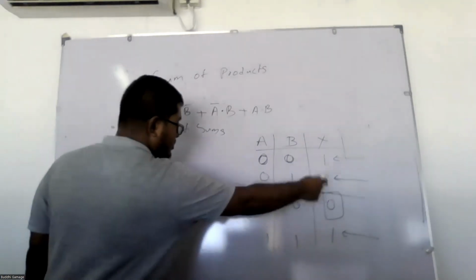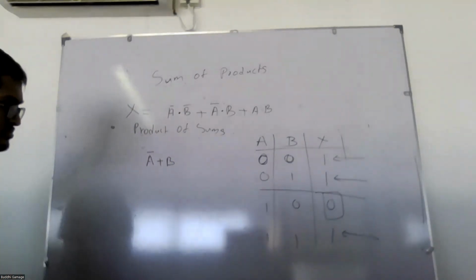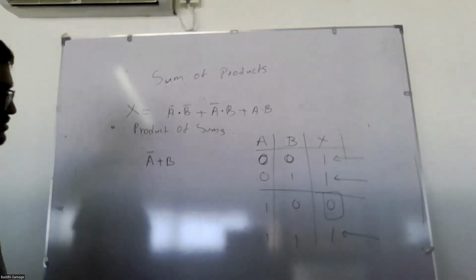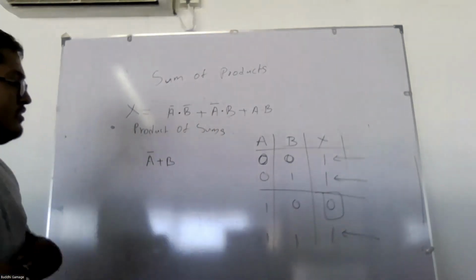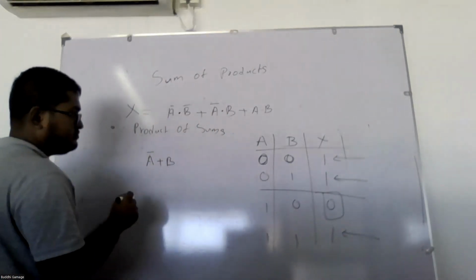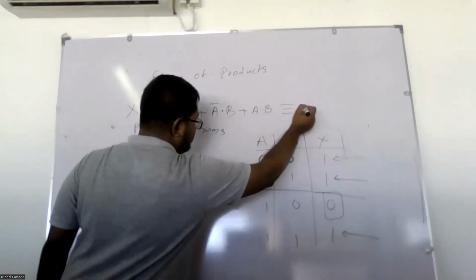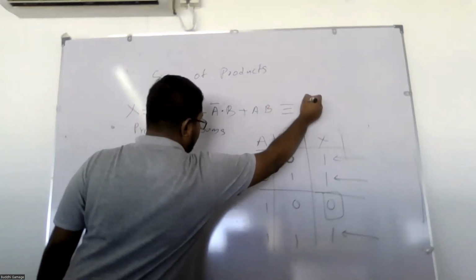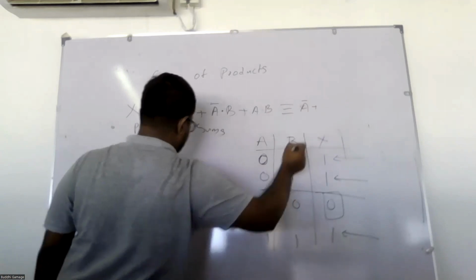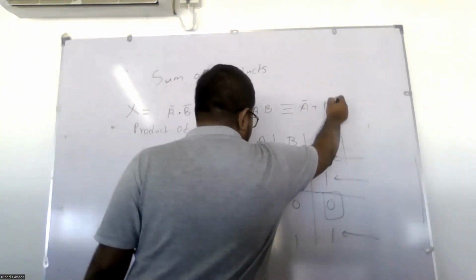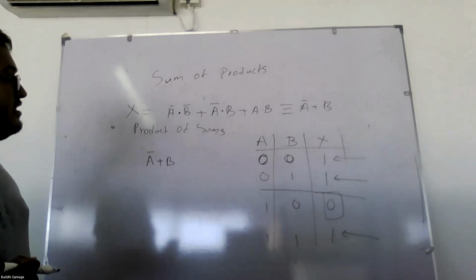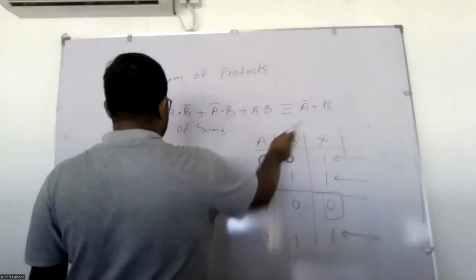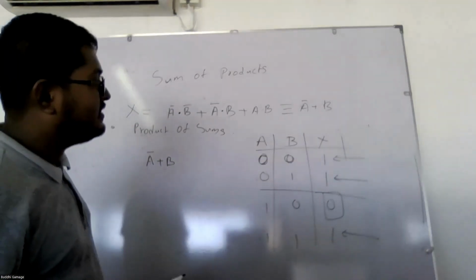Since all other three rows have output 1, the final output is 1. So this will be equivalent to A bar plus B. And you can say this is also a sum of products, right?